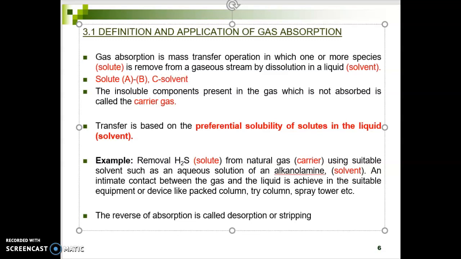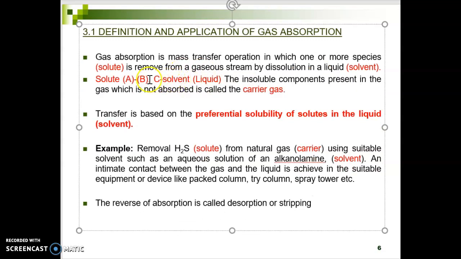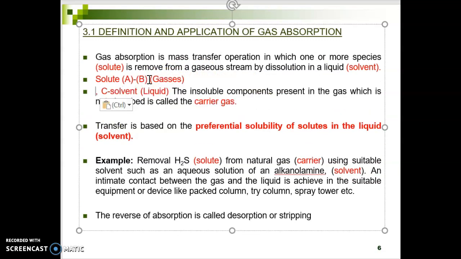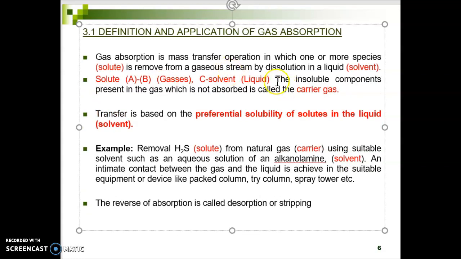The solvent is in the form of liquid, whereas our A and B are in the form of gases. So this is one of the differences between distillation and gas absorption.